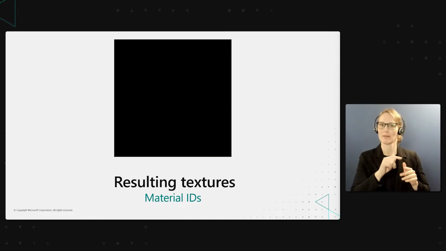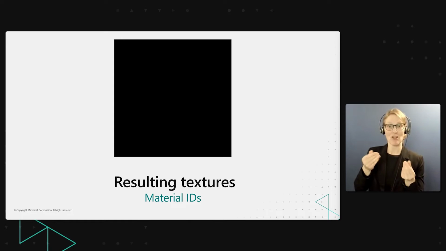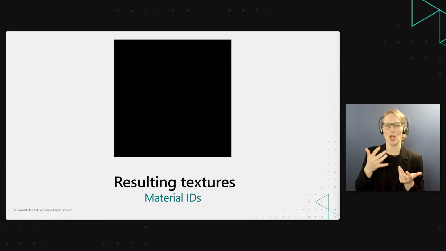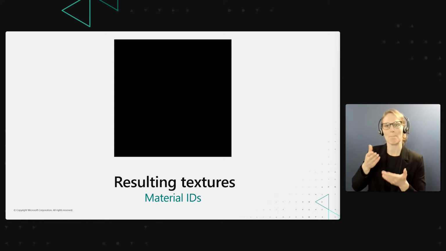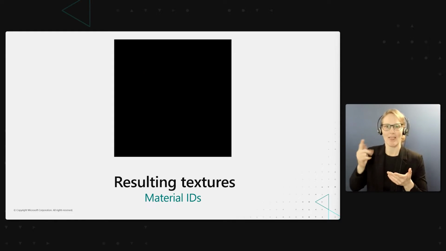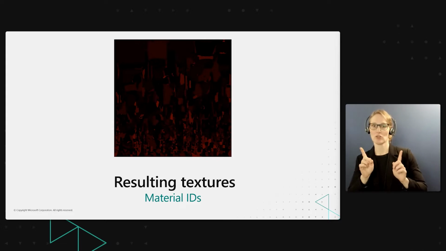The other part is the material IDs. And the material ID texture, I mean, it looks black, but it's because there's only 6 materials in this. If we amp up the contrast here a bit, we will see that there's actually a set of different materials.